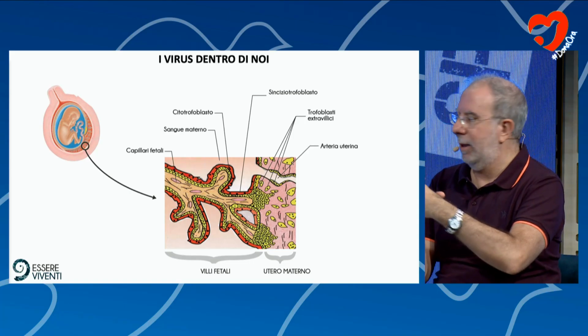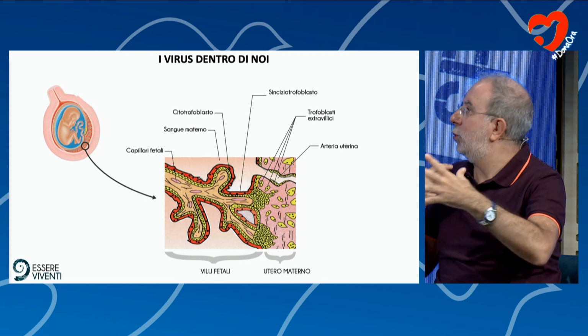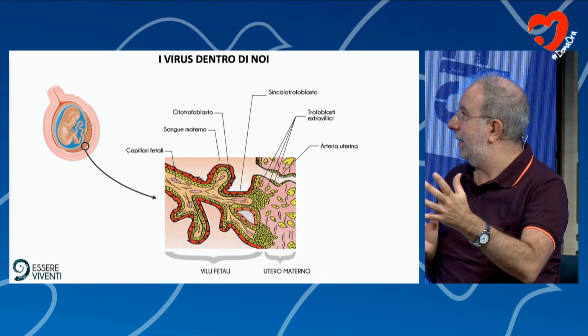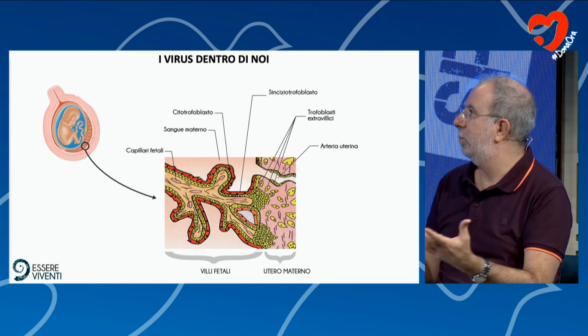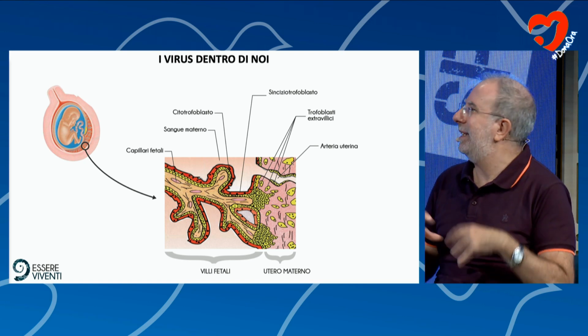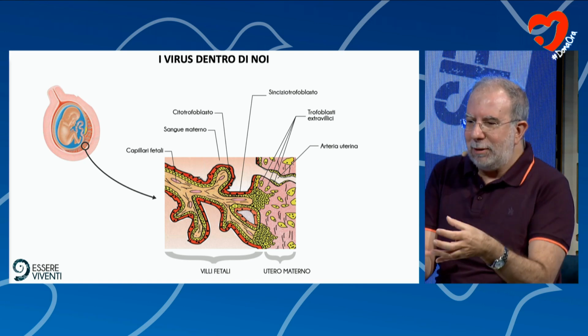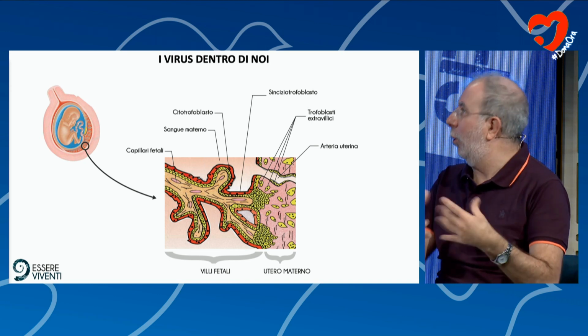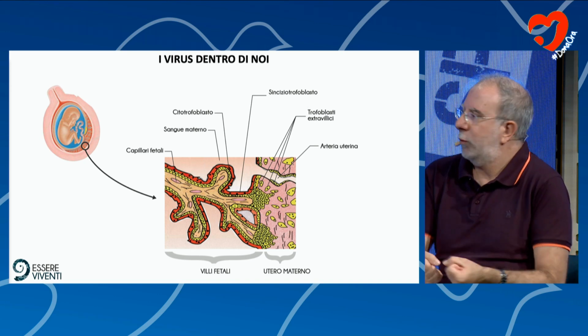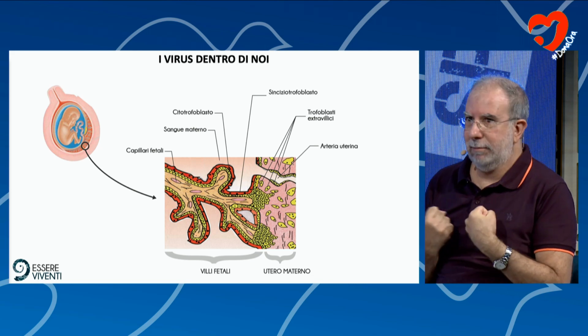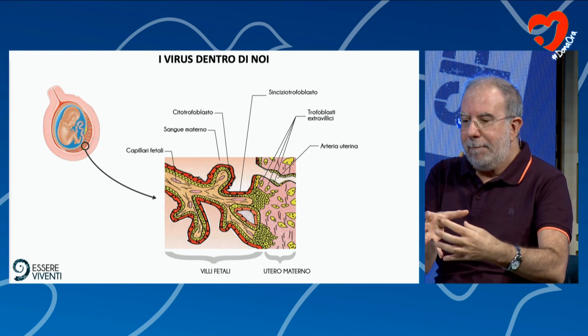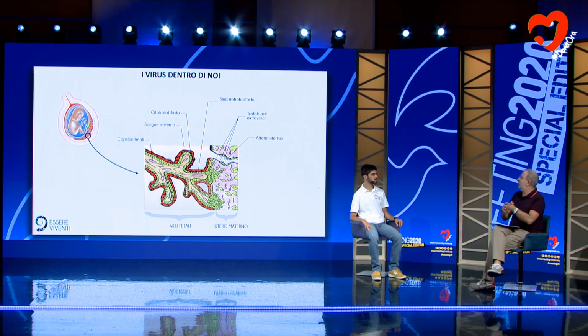So we have a viral receptor that interacts with a cellular receptor, and this makes it possible for the virus to enter the cell. Here, the viral protein is no longer something dangerous. It is used by primates and makes it possible to create the placenta.